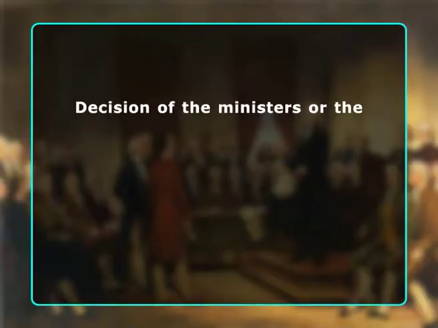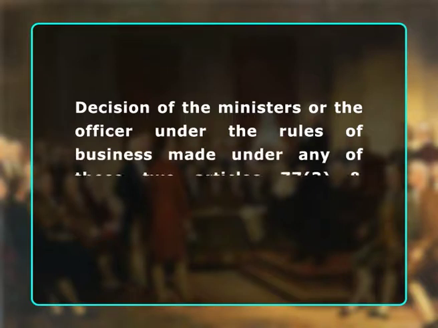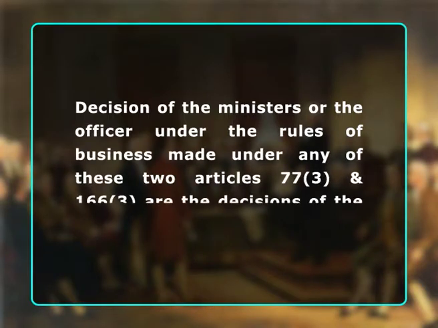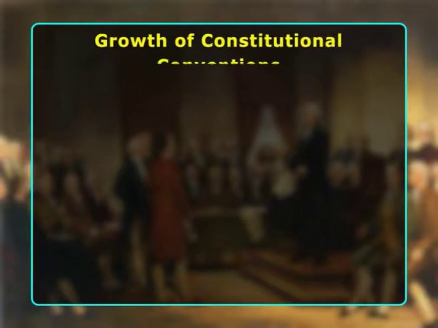The decisions of the ministers or the officer under the rules of business made under these two articles, that is 77 Clause 3 and 166 Clause 3, are the decisions of the President or the Governor respectively. These articles did not provide for any delegation. Therefore, the decisions of ministers or the officers under the rules of business are the decision of the President or the Governor.